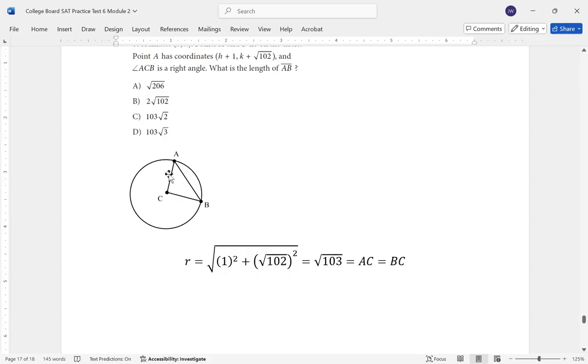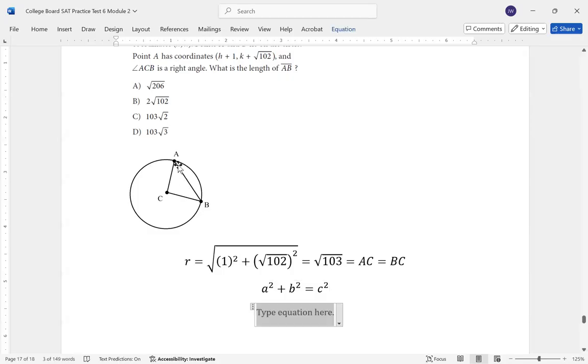Now that we used the radius of the circle to figure out the length of AC, we're going to use the Pythagorean theorem to find the hypotenuse of this right triangle. And again, we've used this before. The Pythagorean theorem says a squared plus b squared is equal to c squared when we have a right triangle with leg lengths a and b and hypotenuse c.